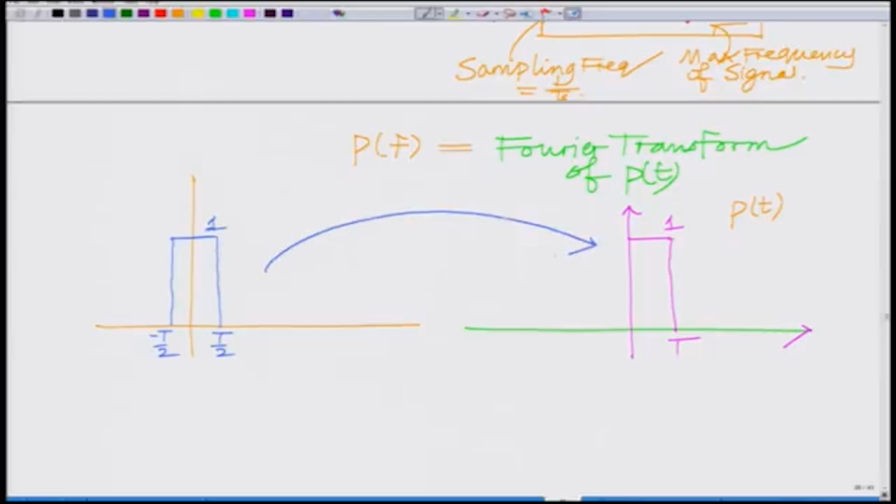If I shift this by t by 2, or rather, I should say delay by t by 2.